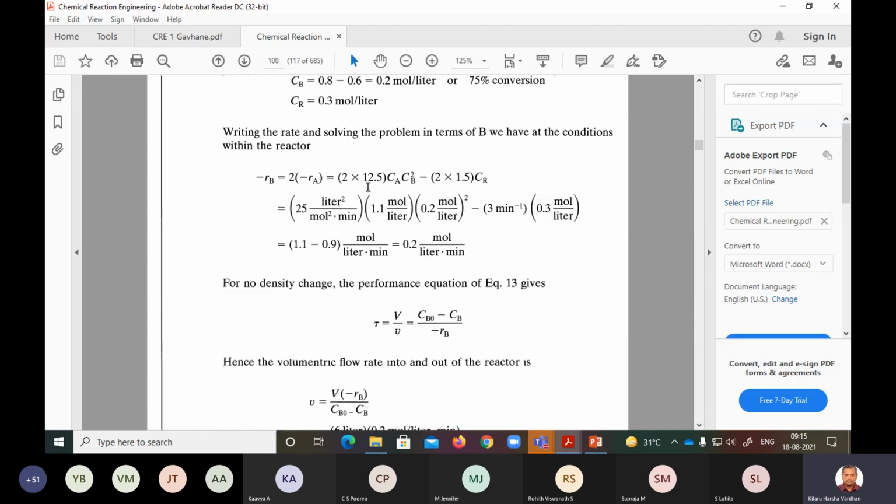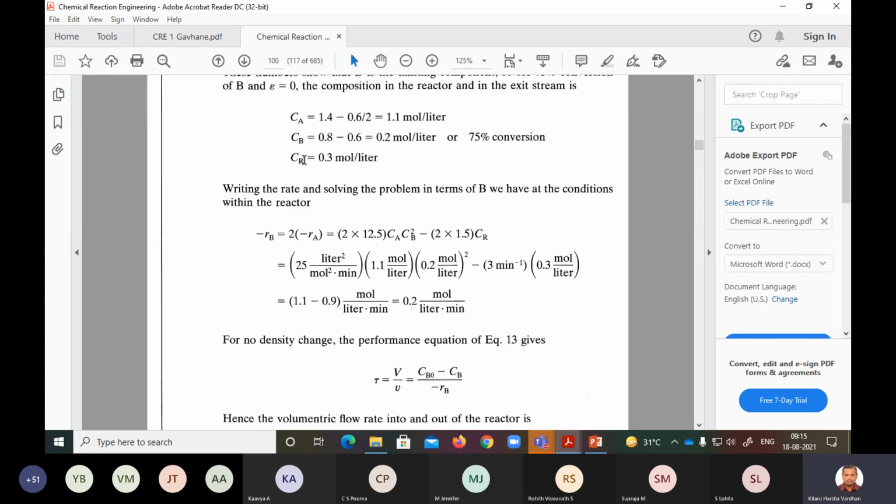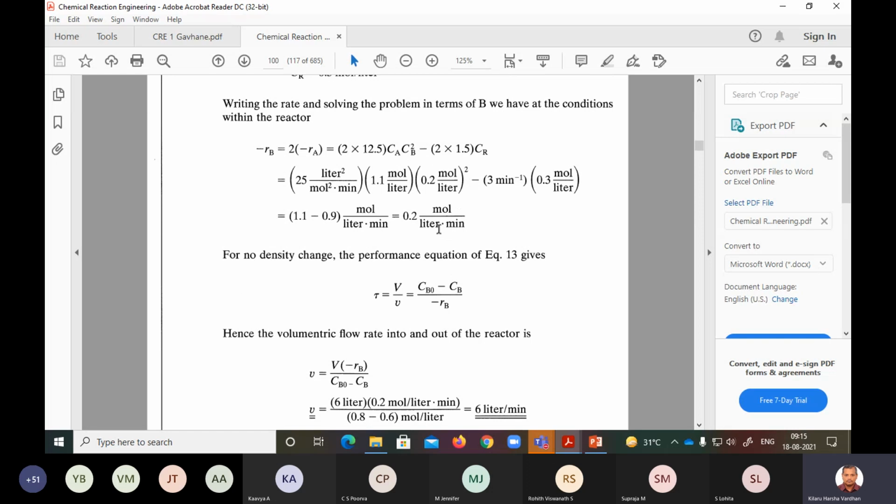So I'm writing 2 times 12.5 CA CB square minus 2 times 1.5 CR. If you substitute all the things, you know what is CA, CB and CR, then you land with minus RB being this much, because we are writing only for the limiting component, not the excess component. Therefore, minus RB is this much.